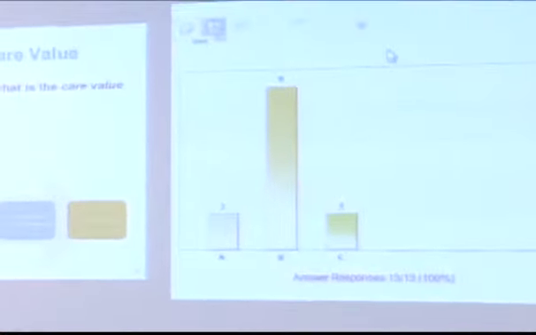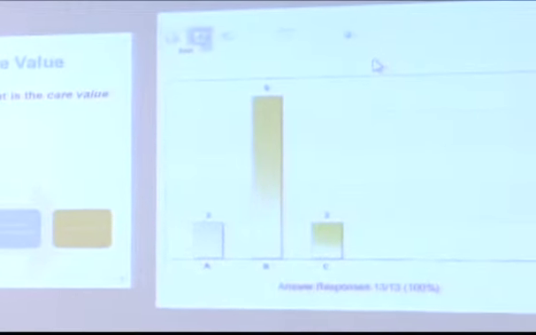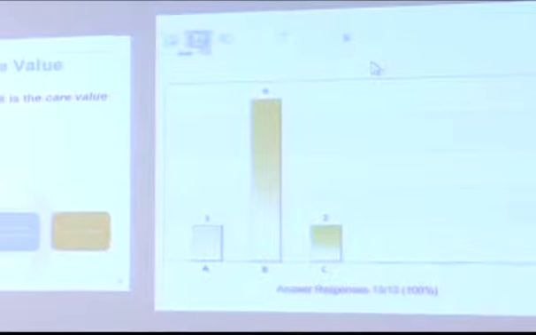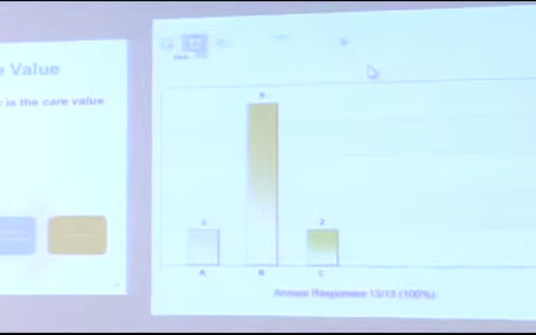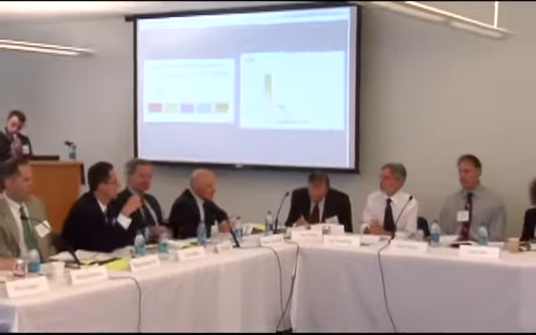So with equal outliers, we had the majority responding that this represents reasonable care value. Comments? Anybody on the high or low end wish to give a sense of what was driving their vote?